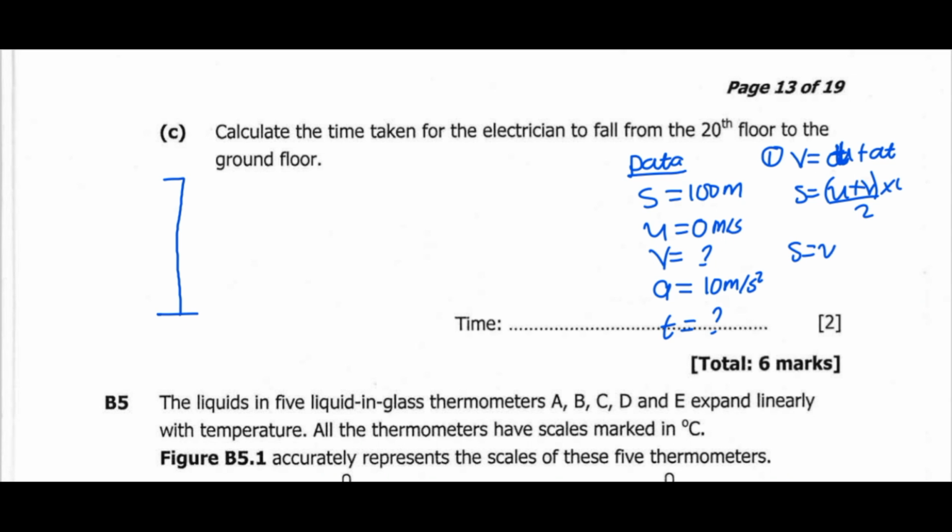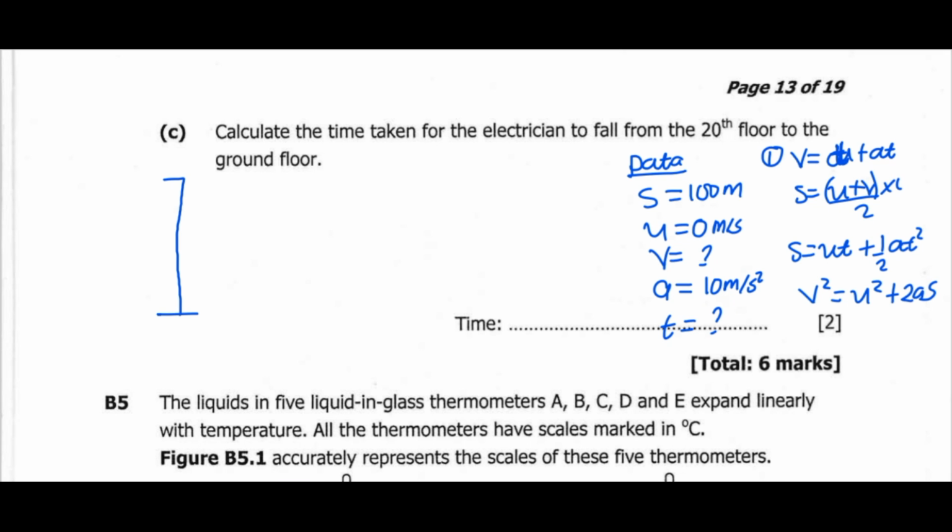Then s is equal to ut plus half at squared. V squared is equal to u squared plus 2as.